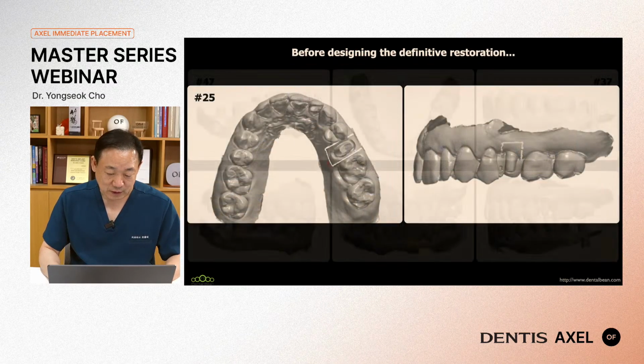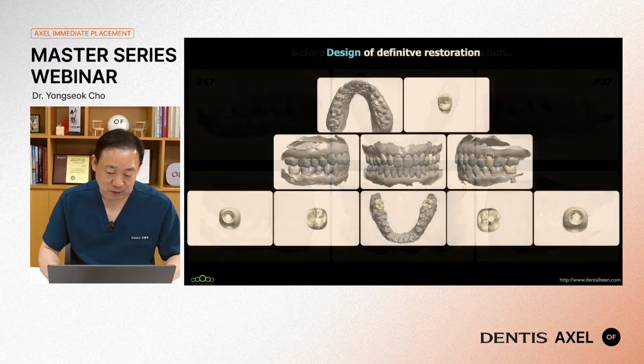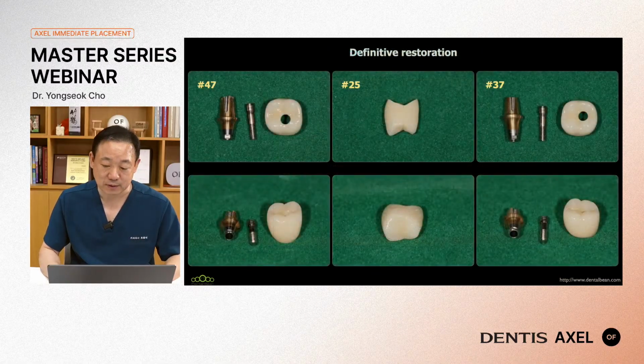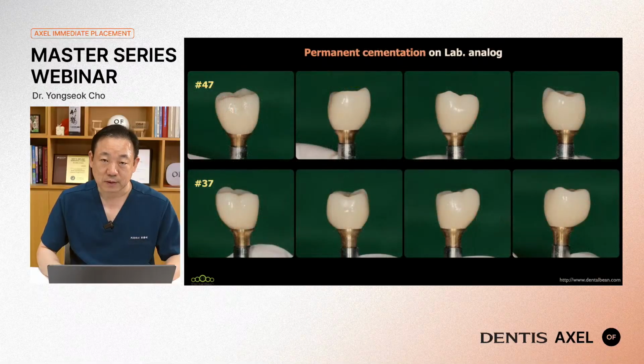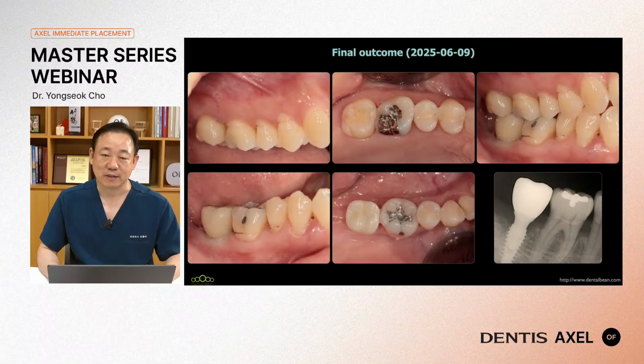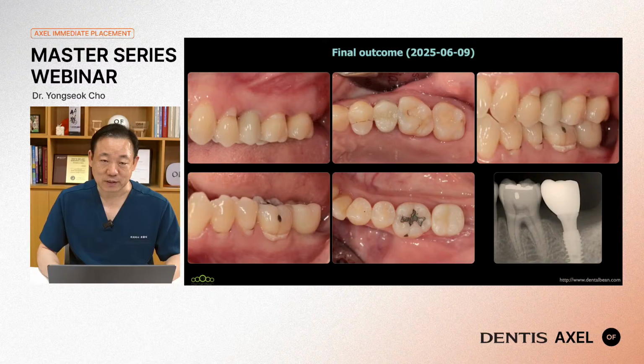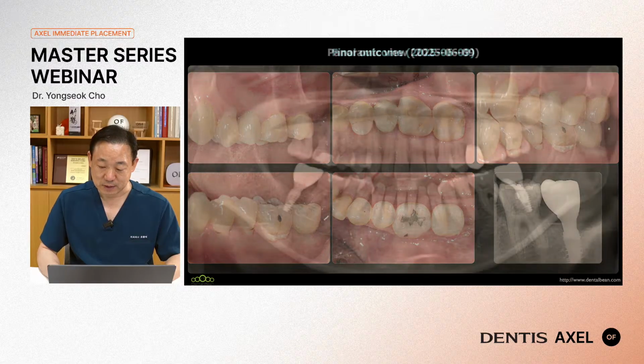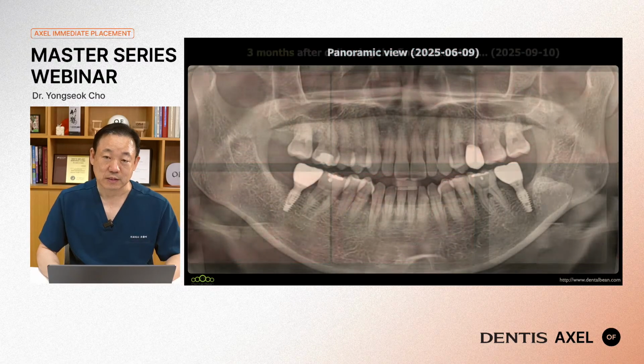Okay, finally, here the implant crowns are made and cemented on the lab analog. When the test of position is good, we can cement the crown on the lab analog. The final outcome is here. Right second molar and left second molar. Okay, like this.